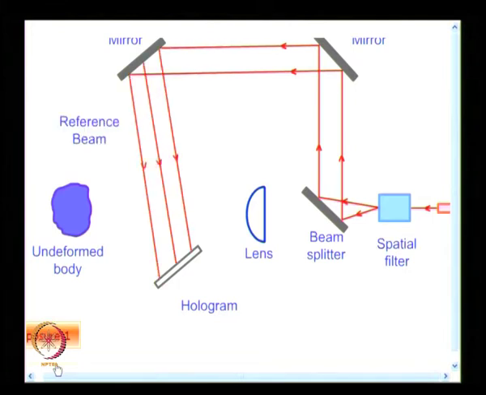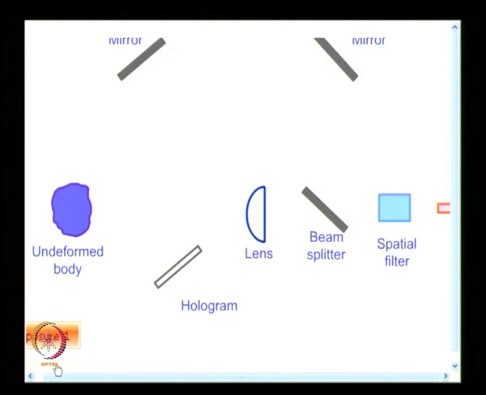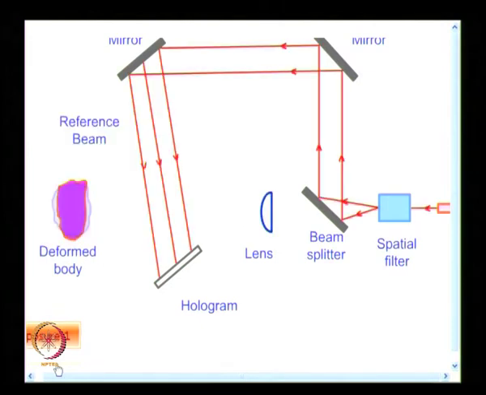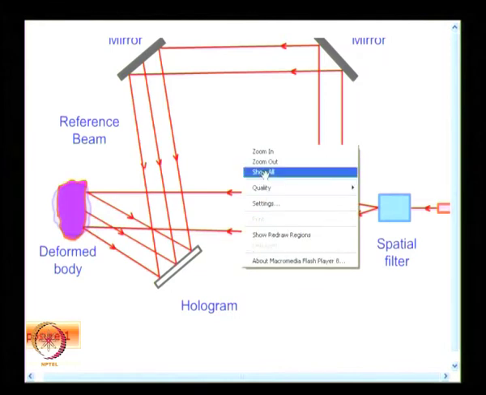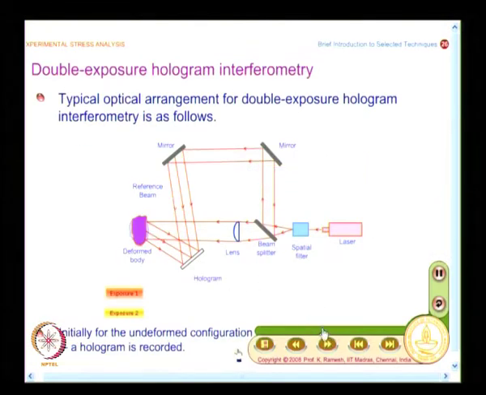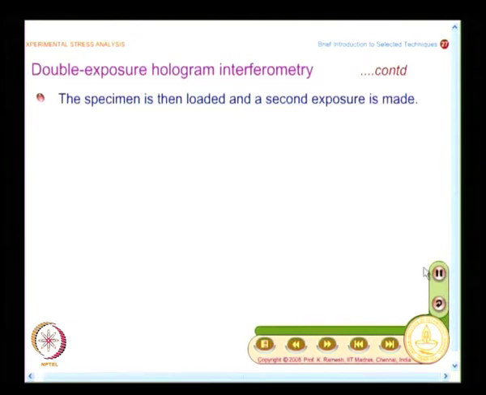So, this illustrates that you have a reference beam and you have the undeformed body, and then you have this second exposure. The second exposure is done where I have light rays coming from the deformed body. Now, we will look at what are all the restrictions that you will have to look at when you are loading the model.